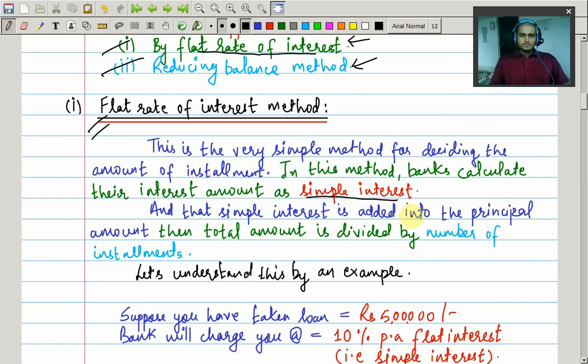And that simple interest is added into the principal amount. So 25 lakhs plus interest. This interest is simple interest. Then the total amount is divided by the number of installments. So let's understand this by an example.